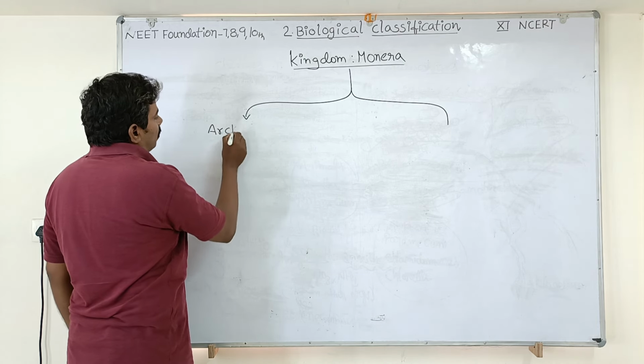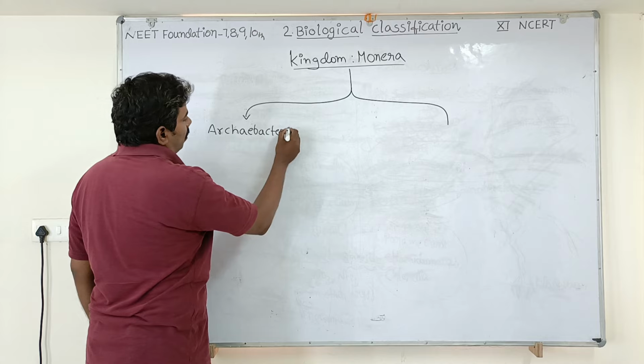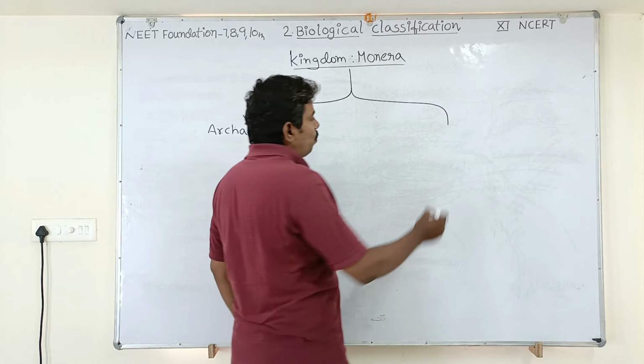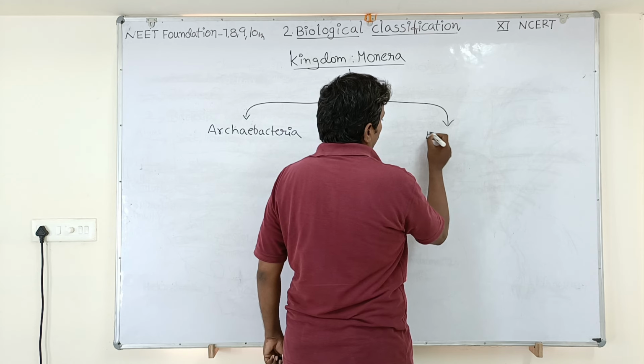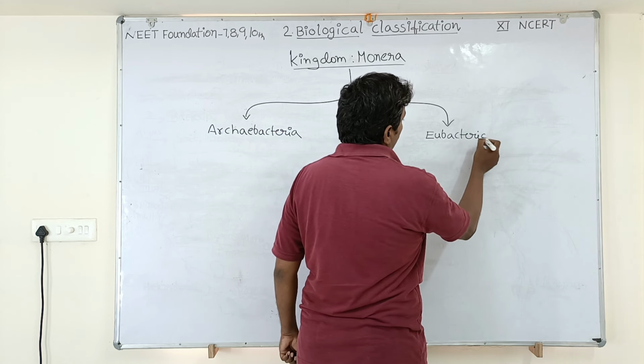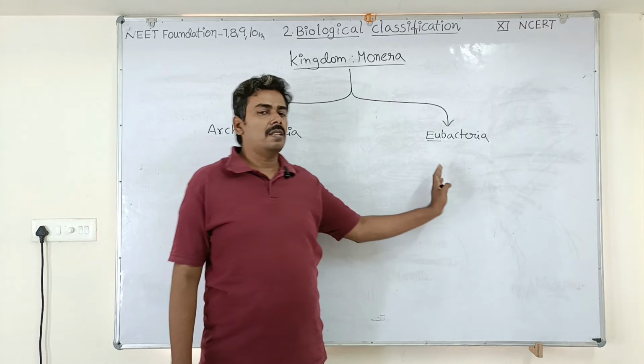Archaebacteria, a kind of ancient bacteria, and Eubacteria. These are true bacteria. Eu means good. Otherwise called true bacteria.